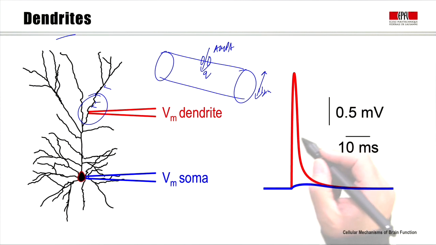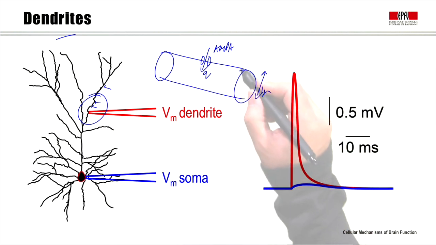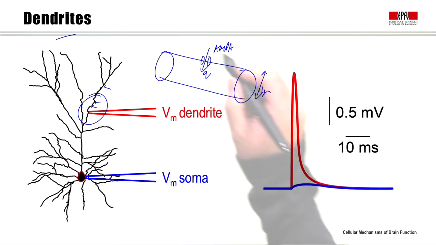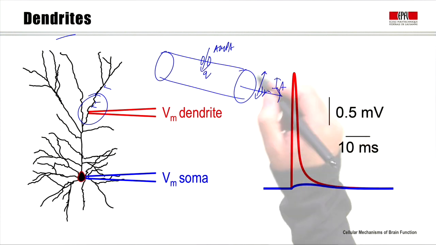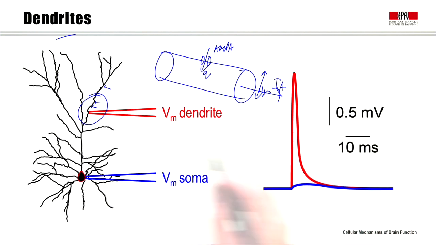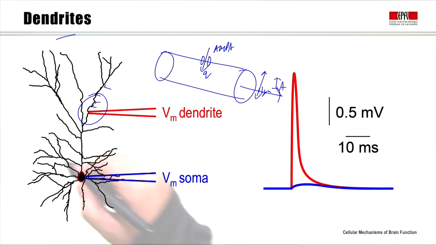And these are also very fast in their time course because the amount of membrane, again, is relatively low, and there's a rapid flow of current away from this down the axial direction of these cables that are ultimately the dendrites that we're thinking about.